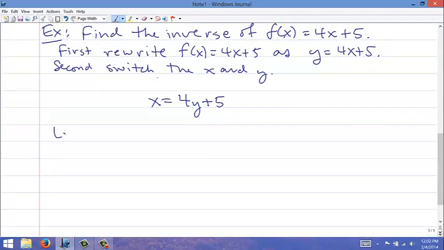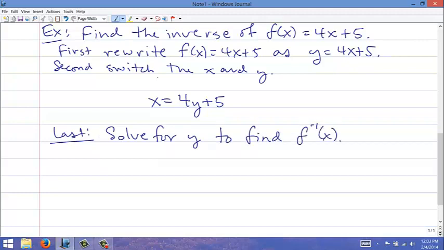Now last, solve for y to find our f inverse of x. So now we just want to do algebra to actually get the y by itself. In this case, we've got x equals 4y plus 5. To get y by itself, we'd want to subtract 5 from both sides.